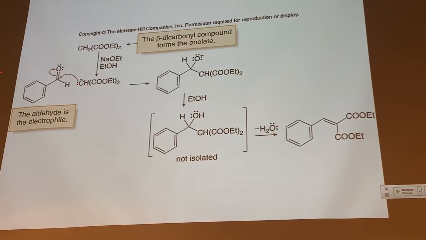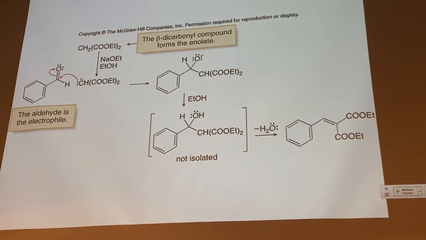The example they've given you here is an aldehyde without alpha hydrogens. They've used benzaldehyde, but it wouldn't have to be. If you mixed an aldehyde with alpha hydrogens, such as acetaldehyde, with diethylmalonate, and you added sodium ethoxide, that sodium ethoxide would still only deprotonate the diethylmalonate because it's going to be the strongest acid.